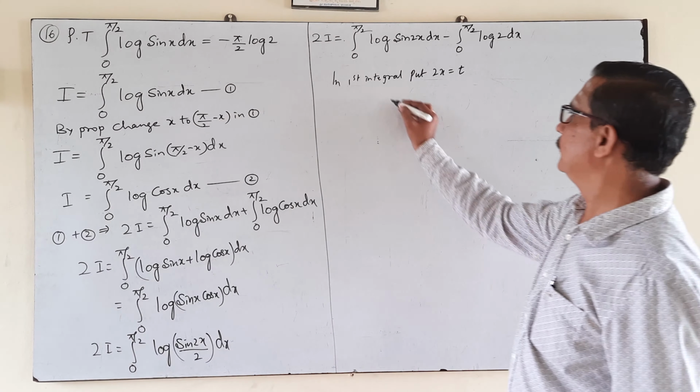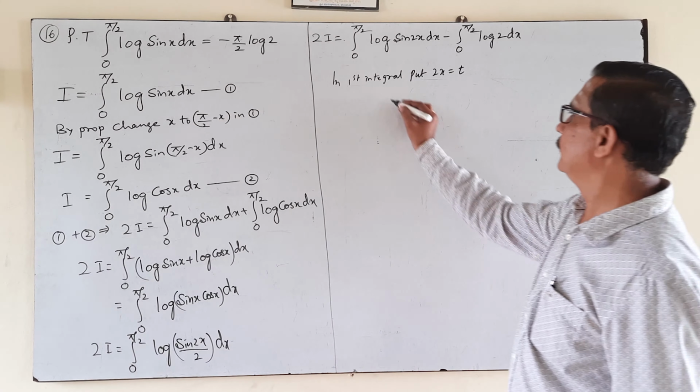So 2I is equal to, at x is 0, t is 0, and at x is pi by 2, t is pi, log sin 2x value t, dx value dt by 2, minus the second integral, log 2 constant taken outside, integral from 0 to pi by 2 of 1 with respect to x. So 2I is equal to 1 by 2 into integral from 0 to pi of log sin t dt, minus log 2.